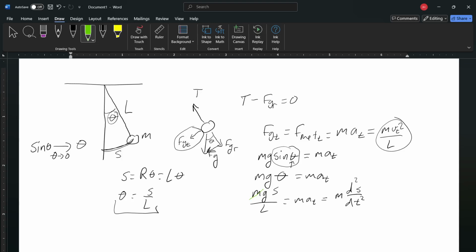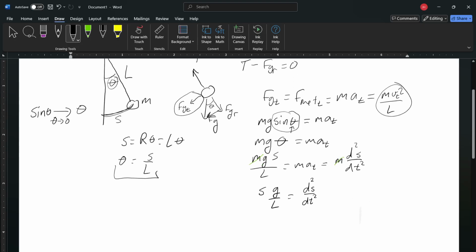Let's go ahead and cross out our mass, and I have an equation here that says S G over L equals d squared S dt squared. Okay.